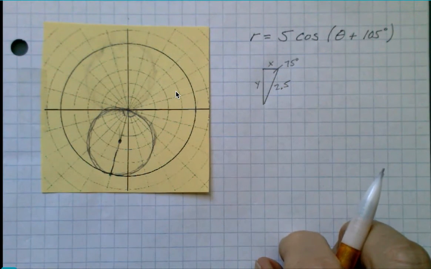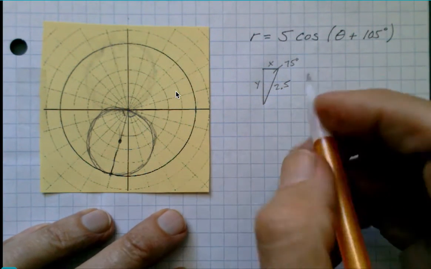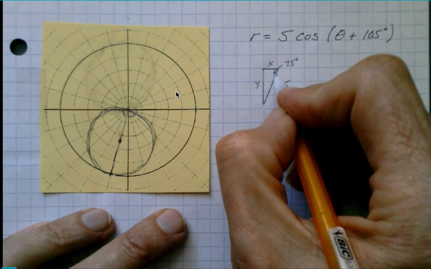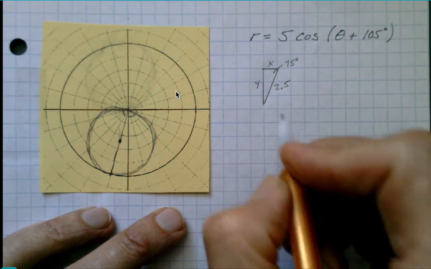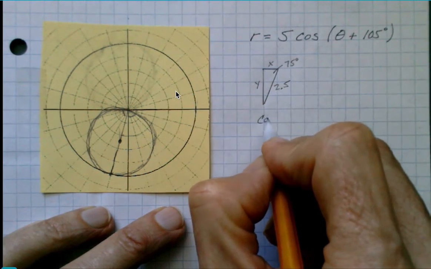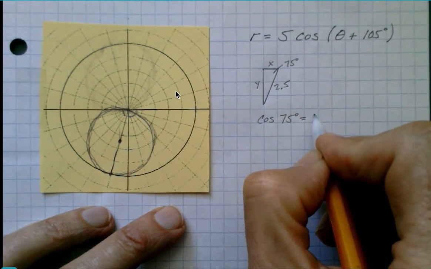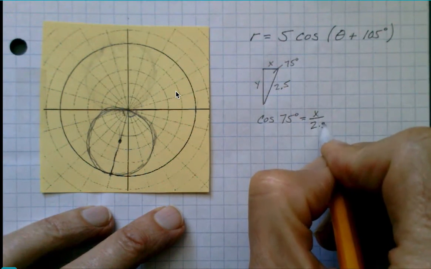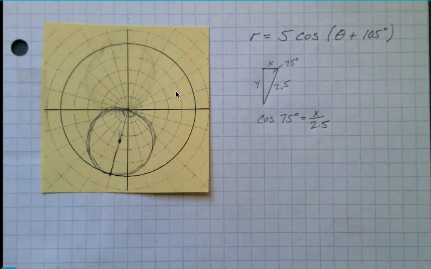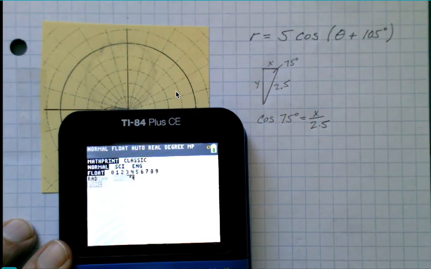degrees. And so now we can start to do a little bit of trigonometry on this and say, well, okay, the cosine of 75 is x over 2.5. So cosine 75 degrees equals x over 2.5. And then we can use our calculator to figure that out. Again, make sure we're in the right mode first of all.